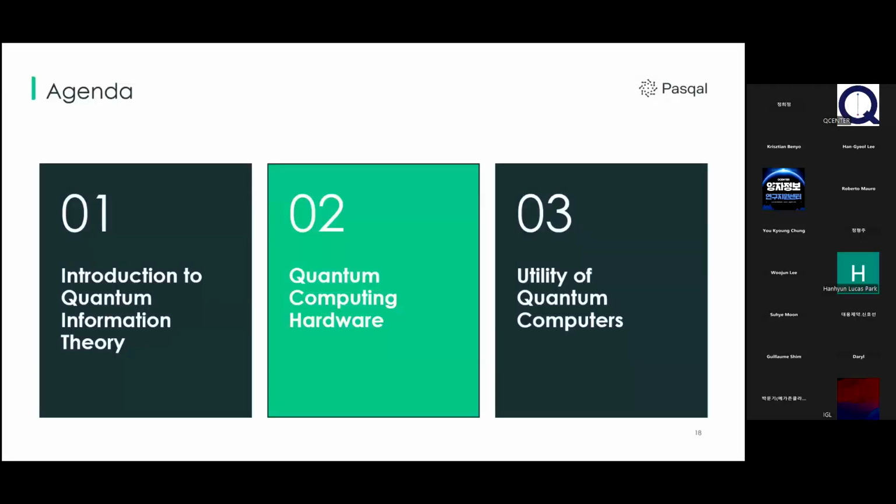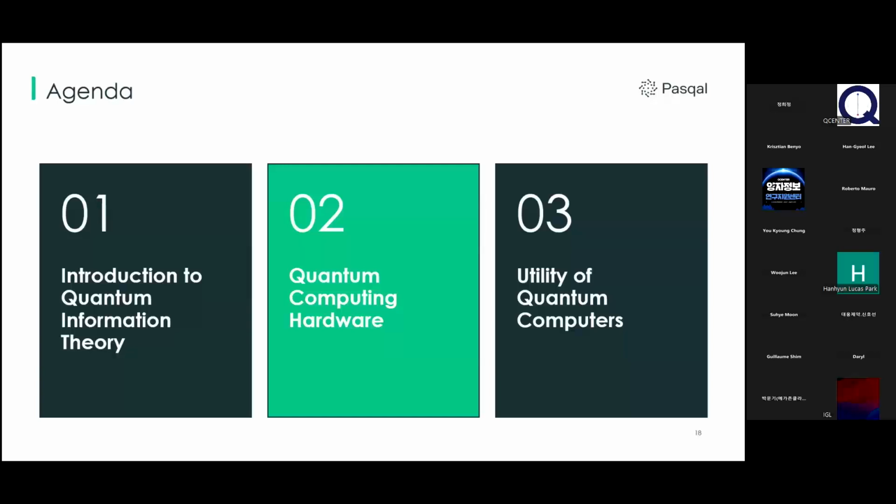Now, with that said, let's move on to the second part of today's course, which will move further away from the theory and closer to the applications. Our application, in a sense, is the physical realization of how these quantum mechanical principles can be applied in the real world.